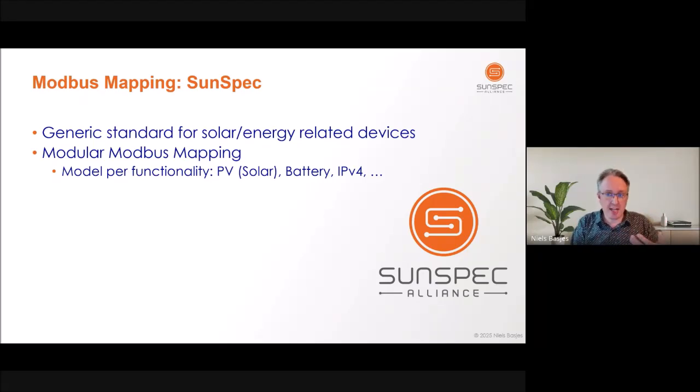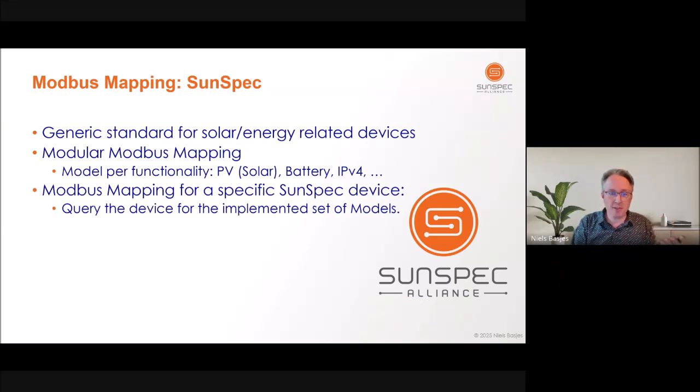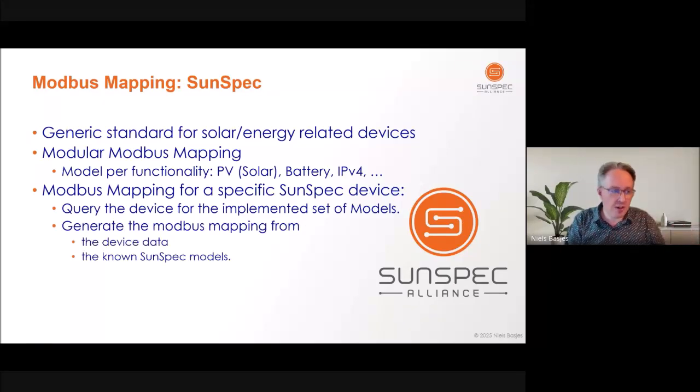And then to create the actual Modbus mapping for a specific device, you ask the device, and that is also via Modbus, which models have been implemented and at what address. Then take the SunSpec specification of all these models and place them in the right spots. And from there, you generate the Modbus mapping specifically for that machine at that point in time.